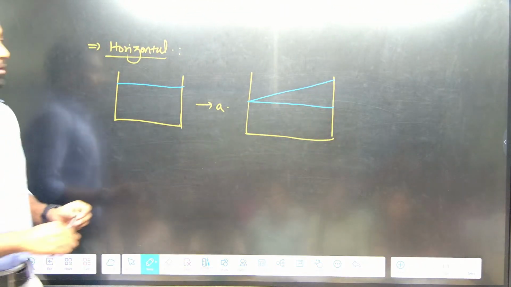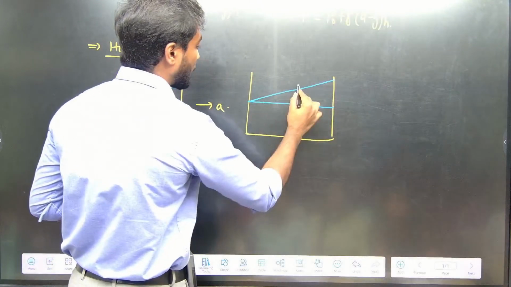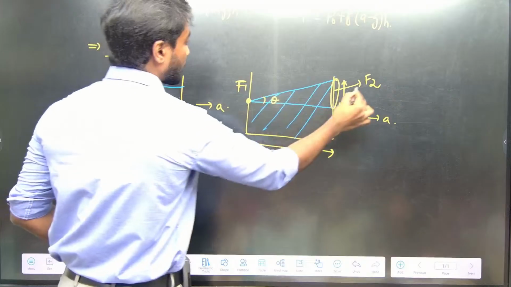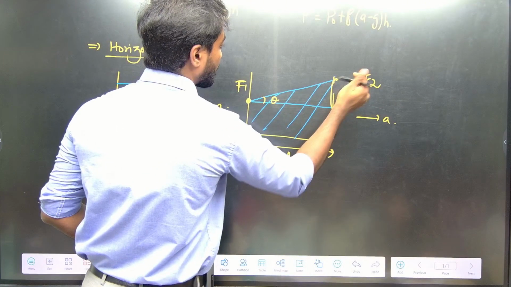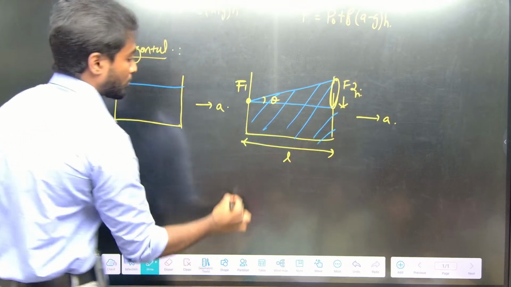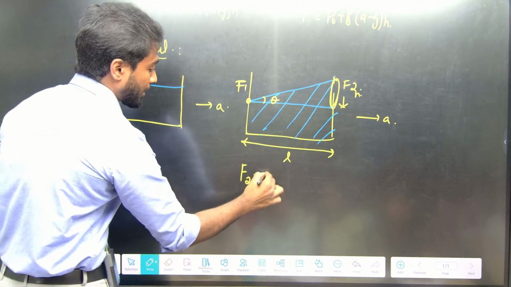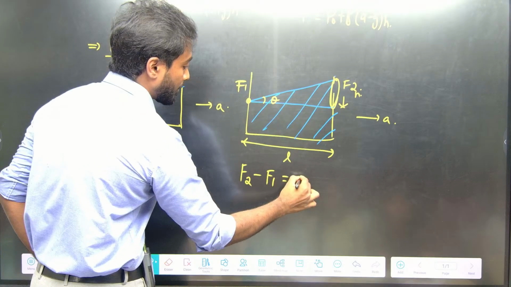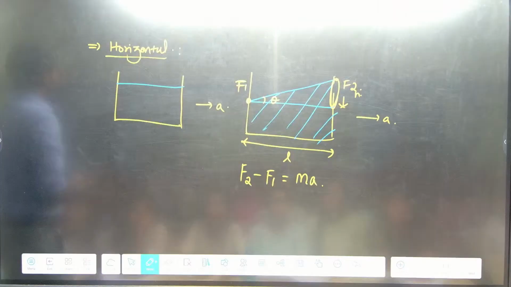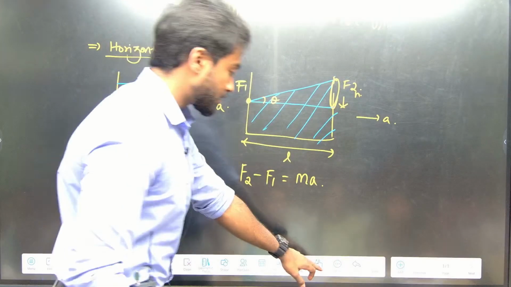Yes? This will be my level of the water. So F2 minus F1 will be equal to mass into acceleration.